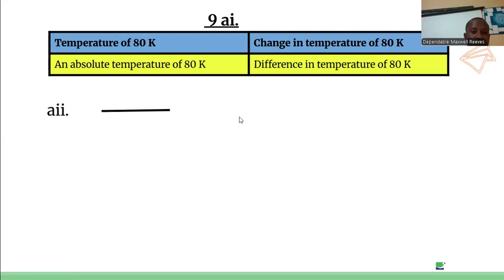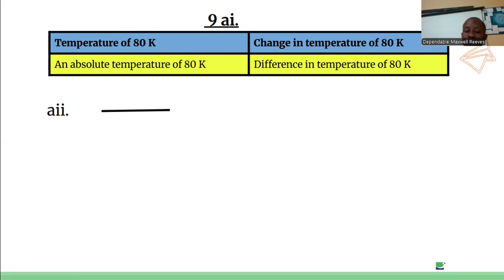In 9A2R we were asked to solve. We were given the upper fixed point of the thermometer to be 15.0 centimeter, and the lower fixed point was 0 centimeter. We were asked to calculate the temperature in degrees Celsius. So we'll be using the centigrade scale, where water boils at 100 degrees Celsius and freezes at 0 degrees Celsius.